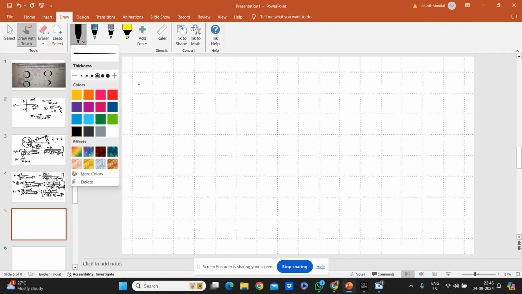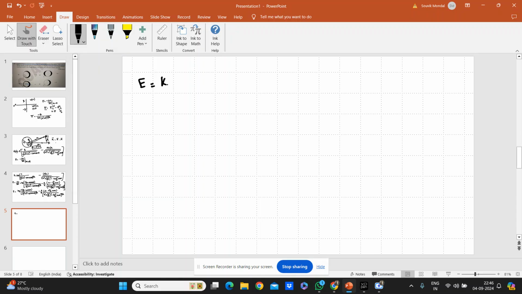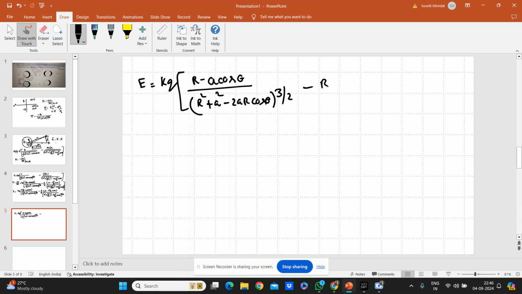Now let's look at this manipulation, that is r minus a cos theta over r square plus a square minus 2ar cos theta to the power 3 by 2. You have here a minus r by a, and now what you can do, take here r cube by a cube. Sorry, let me write it first.